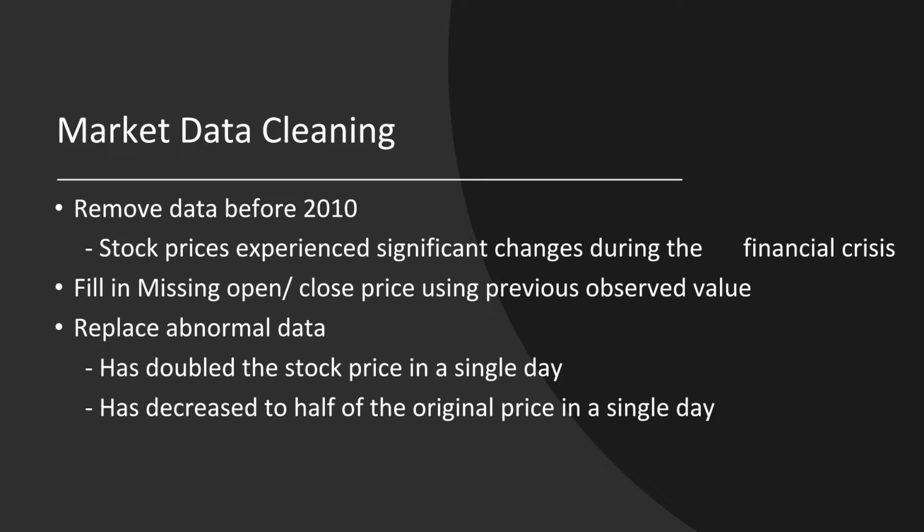And second step, we fill in the missing values. We have missing values in open and close price, so we used the previous observed value to fill in those missing values. And lastly, we replace the abnormal data. So how do we define abnormal data here?